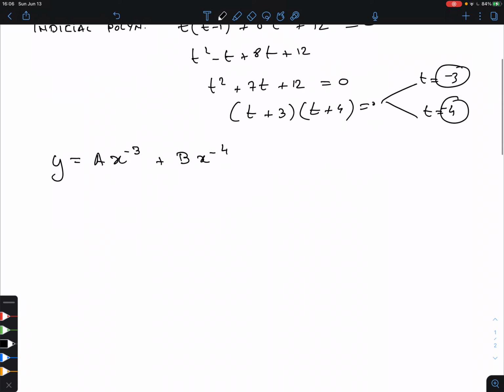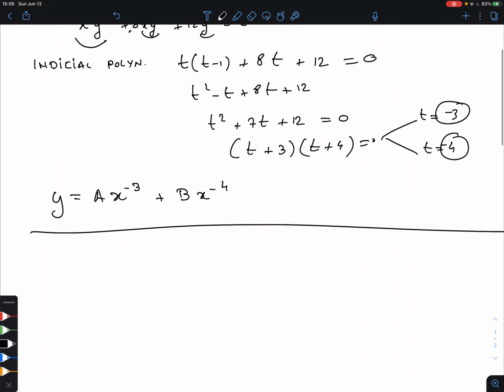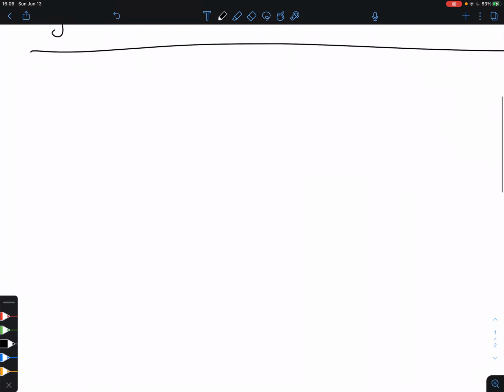But once we have it slightly different, let's do another one here. I'll do one of each type so that you get a little bit the flavor of everything. 4x squared y double prime plus 16xy prime plus 9y equals 0. So again, the indicial polynomial.